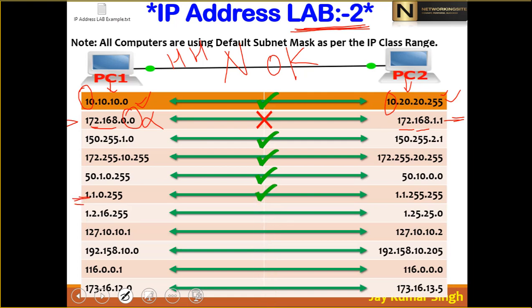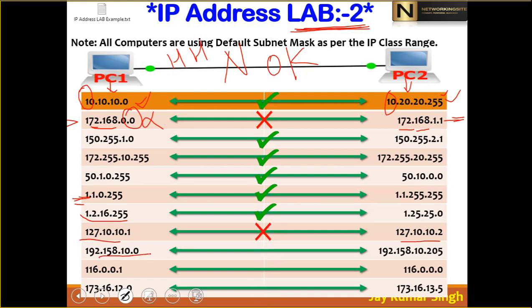Okay. 1.1.0, yes. 1.1.0, yes, also. Okay, this one, 1.2. Yes, they can. Okay, this one. 127. No. Okay, very good.